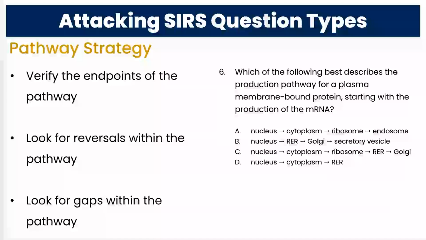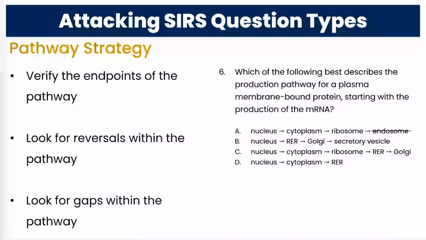Is it something that helps exocytosis or endocytosis? It does endocytosis. That is not what we're going to be doing here. We're not bringing something into the cell. We're sending something out of the cell, essentially. Membrane bound is essentially out of the cell. So that one's got a weird endpoint.